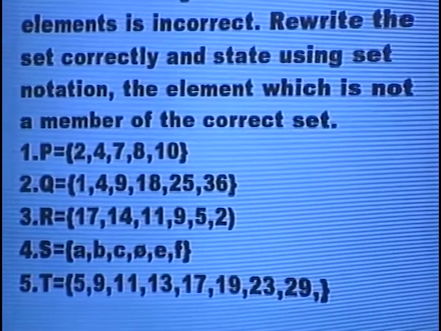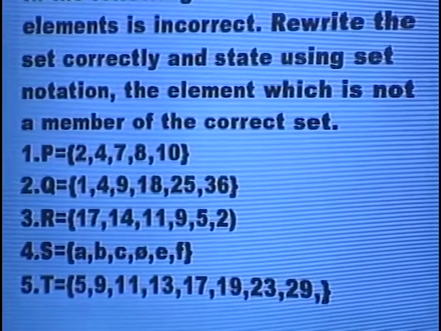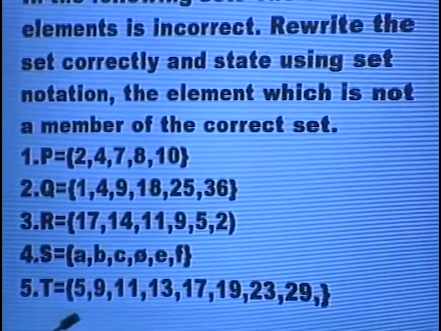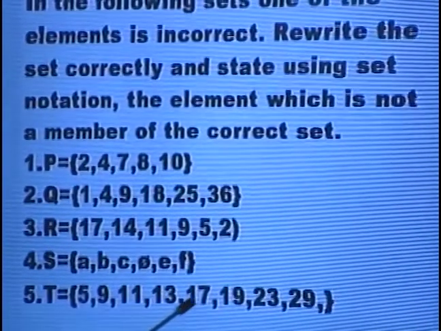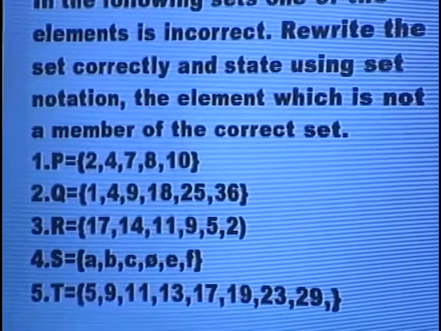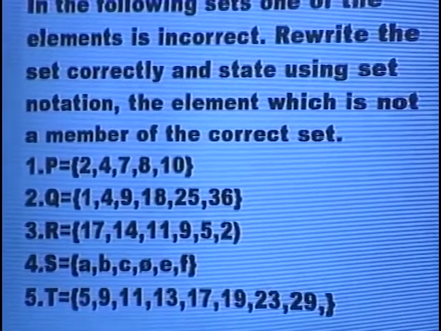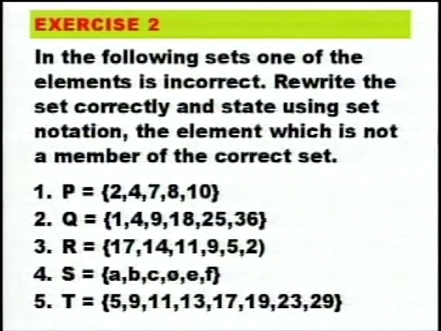So which one is not supposed to be in the set? 29 or 9? 4 and 2, 2 and 4. I think 9 is not supposed to be in the set. All of them are prime numbers. Yeah. So 9 is the one that is not supposed to be in the set.